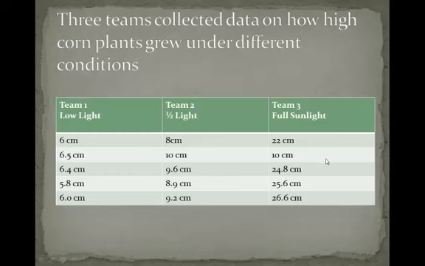And Team 3 grew their corn plants in full sunlight, and looks like their data is 22, 10, 24.8, 25.6, and 26.6 centimeters. One draws a little bit of concern right here, is 10 centimeters.